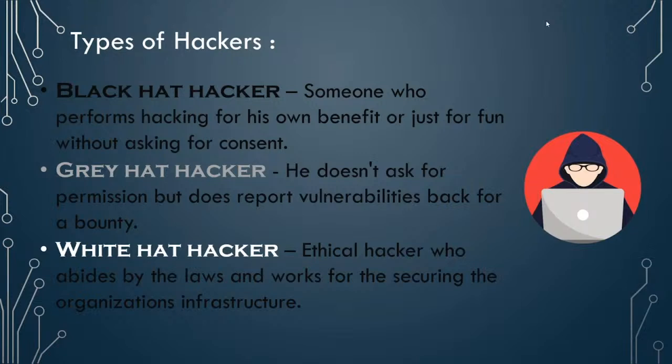So they do not cross any line, and they do not exploit any vulnerabilities. They only work to increase the security of the organization. Now, in between white hat hackers and black hat hackers, there's someone else known as a gray hat hacker. As the name itself suggests, these people have the qualities of both a black hat and a white hat hacker. Like a black hat hacker, they don't ask for permission before finding the vulnerabilities.